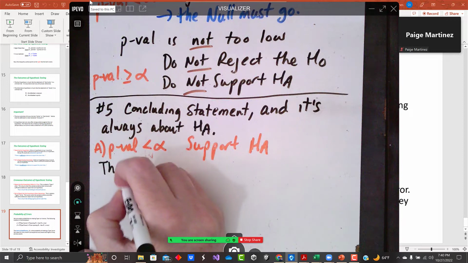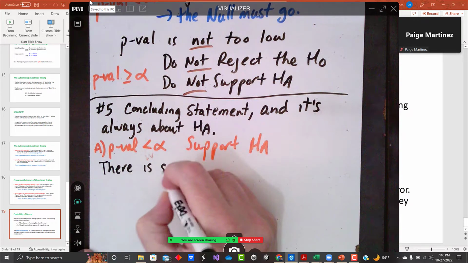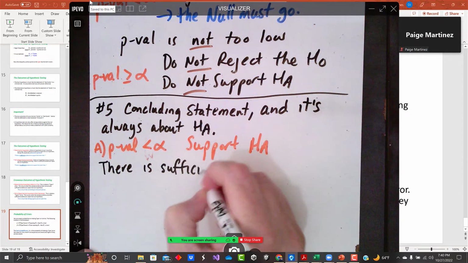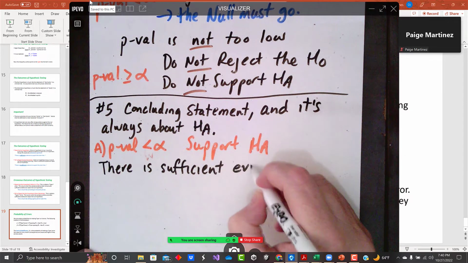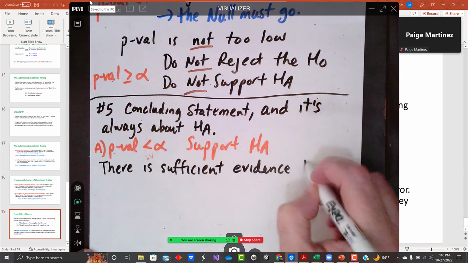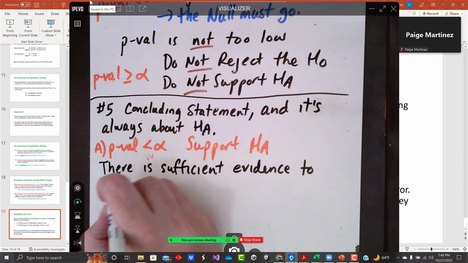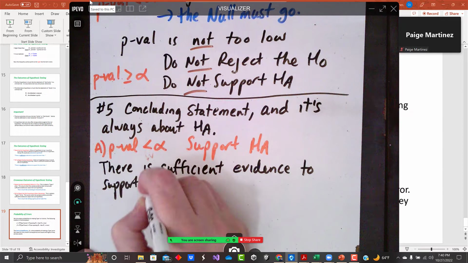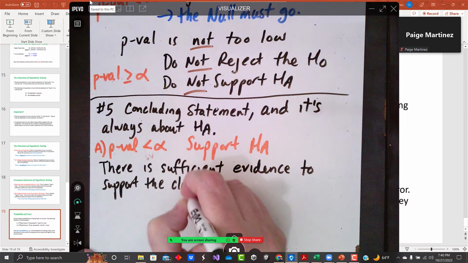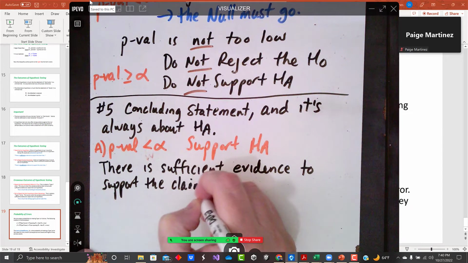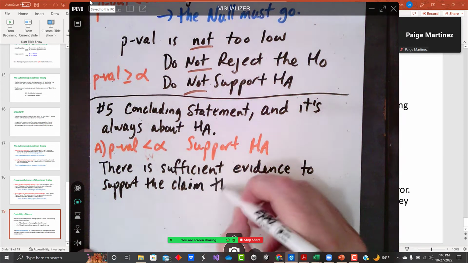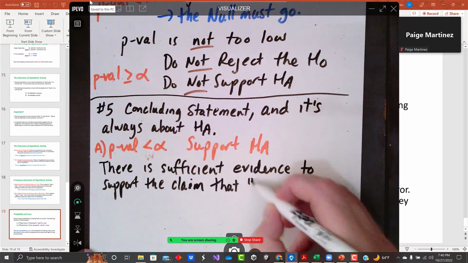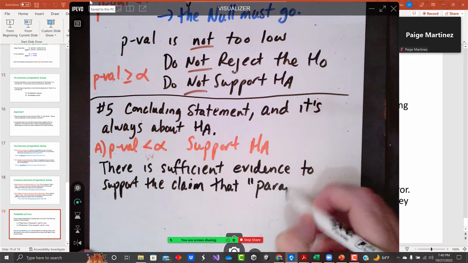Because there is sufficient evidence to support the claim that, and then you kind of want to just paraphrase HA here.